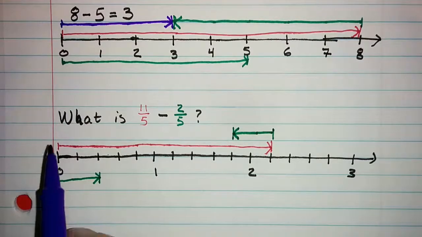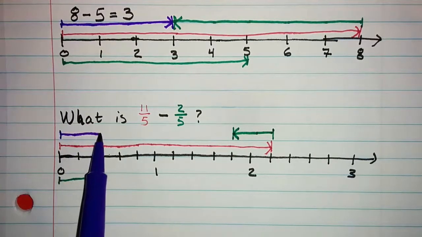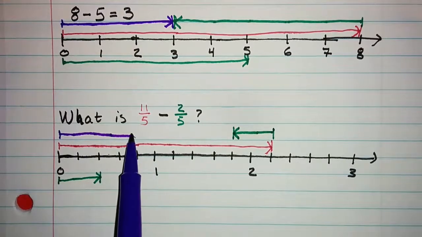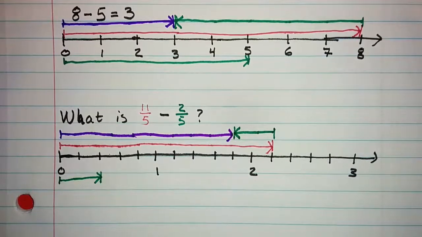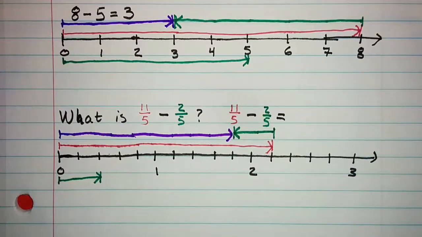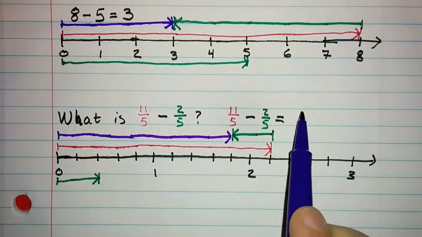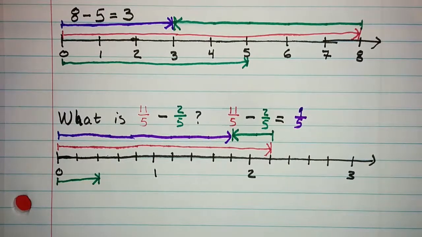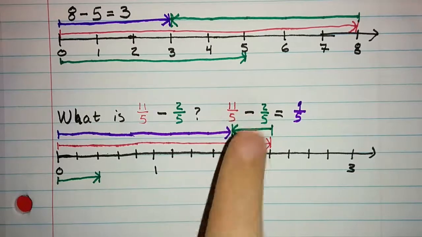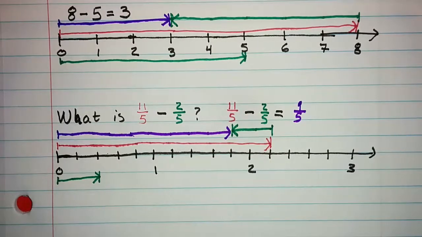What does that come out to? 1, 2, 3, 4, 5, 6, 7, 8, 9/5. So 11/5 minus 2/5 equals 9/5. It appears that all we did was take the difference of the numerators and keep the denominator the same.